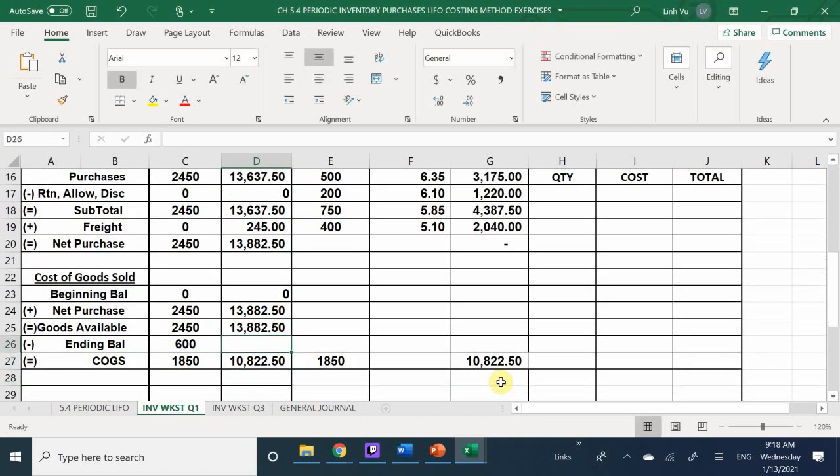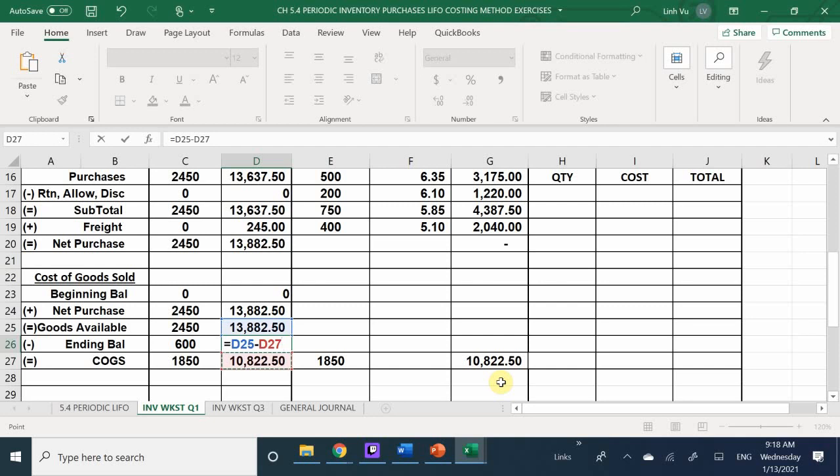And then lastly, how do you solve for the ending inventory? Cost of goods sold minus the amount.